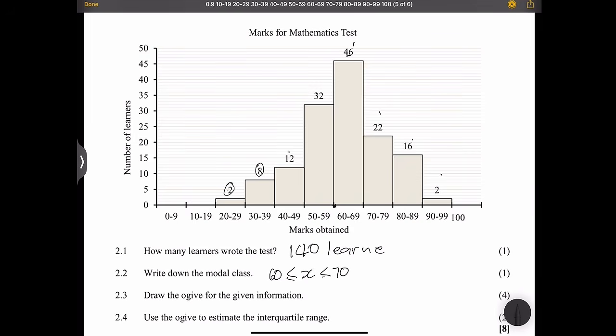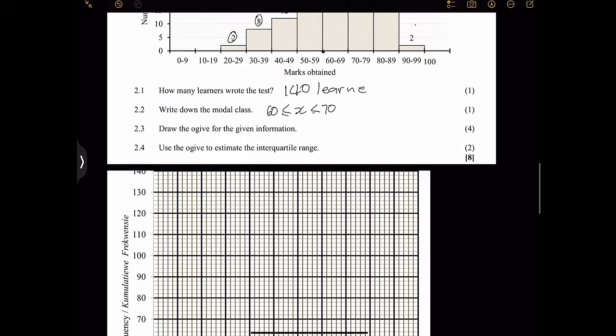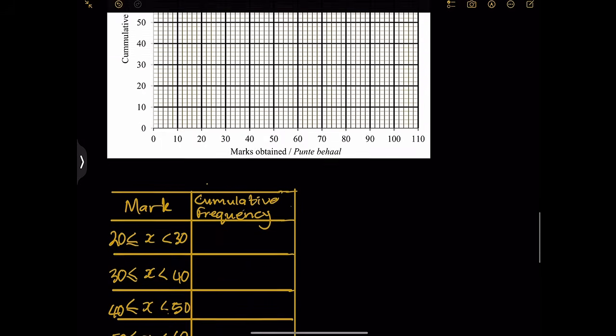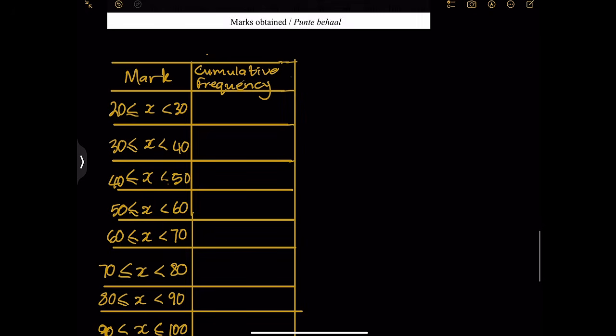Now they say draw the ogive for the given information. Remember, cumulative frequency, what are we going to do? I drew a little table there that we're going to use to populate the data. Our first value, between 20 and 30, we've got 2 learners.